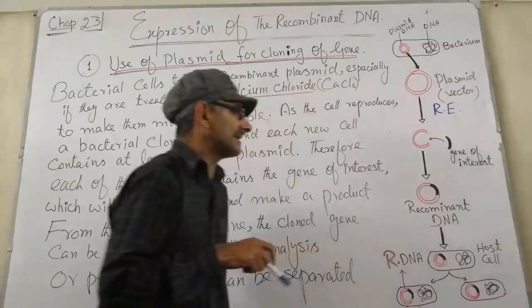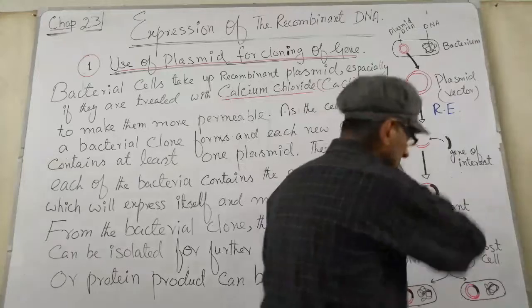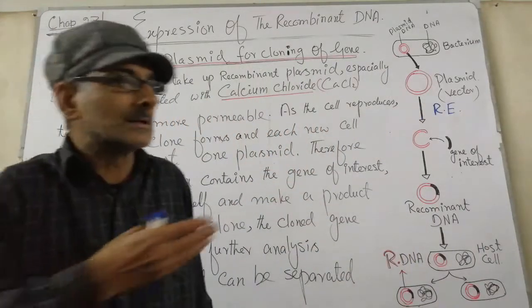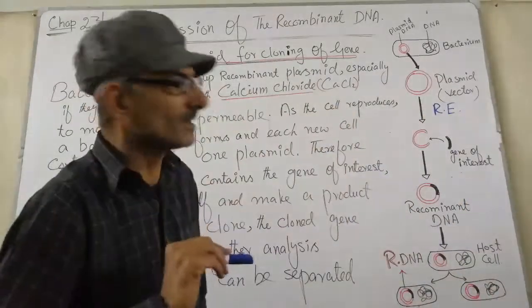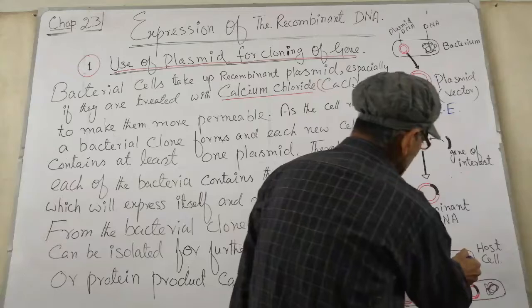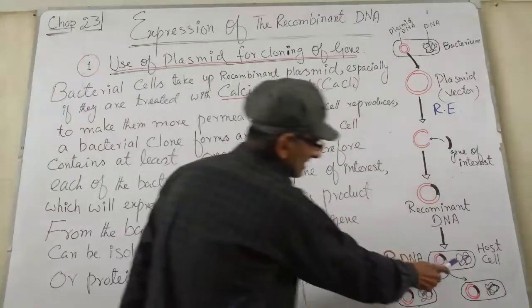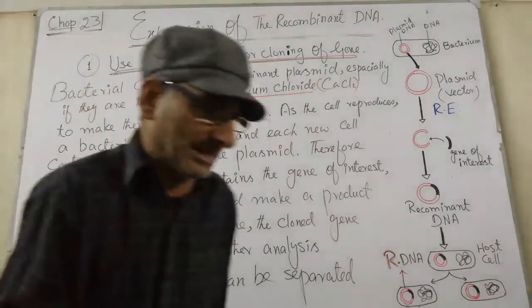This recombinant DNA is introduced into the host cell, into the bacterium, into the expression system. This bacterium, which is the host cell, is an expression system. This bacterium is treated with the calcium chloride. When we treat it with calcium chloride, it will become permeable.